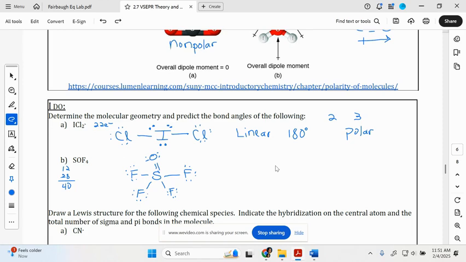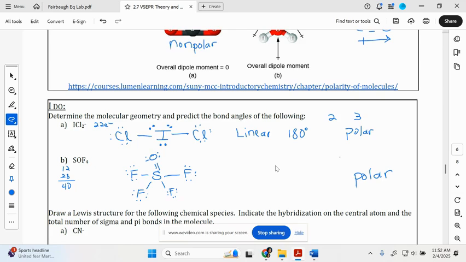All right. So now, is this going to be polar? Yes, because the fluorine has a big enough electronegativity difference from the oxygen. So this is going to be a polar molecule. And we have 5 things coming off of here. We're going to have to figure out what that is.